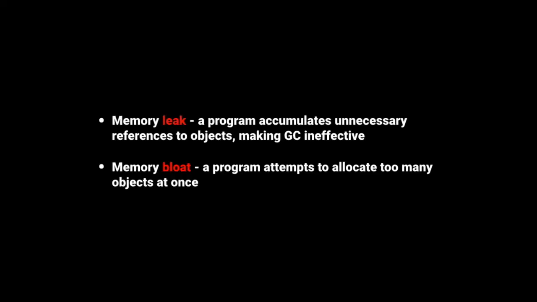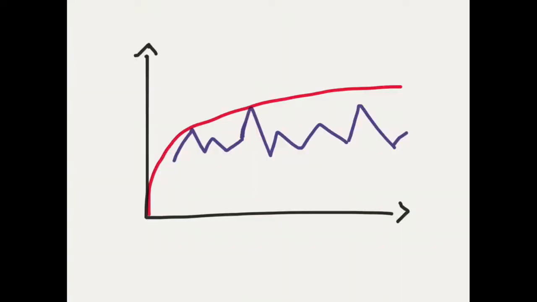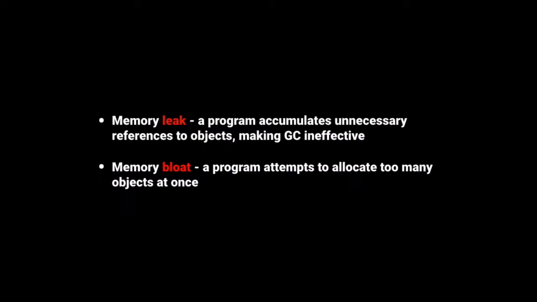By the way, coming back to the faulty statement of having a memory leak, given that we have a memory leak, the actual memory usage would be going linearly upwards, because a memory leak is a quite different situation where our program allocates unnecessary references to different objects without cleaning them up, which makes the GC absolutely ineffective because the references are still there, the objects simply cannot be removed, ever.